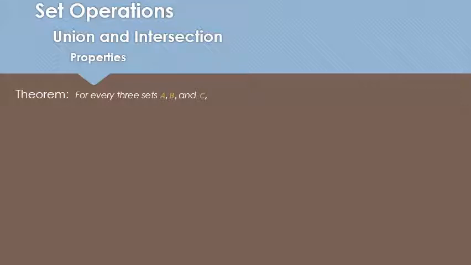This one for sets is going to involve three arbitrary sets A, B, and C. With statements, we had the commutative laws, associative laws, and distributive laws. Now, since union and intersection are defined in terms of disjunction and conjunction of specific statements, those laws are going to transfer over. The laws of statements will transfer over to the laws of sets.